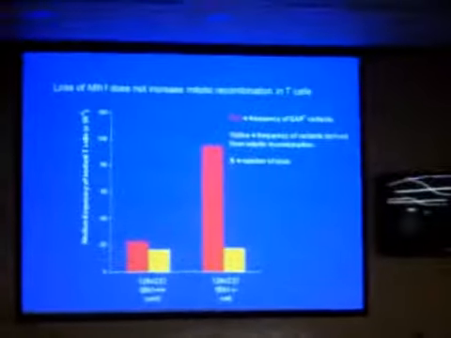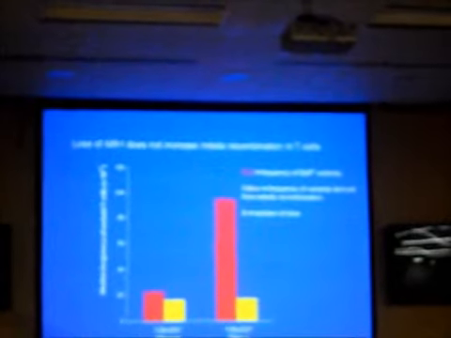ask the same question in a background that has lost mismatch repair capacity? In this case, we use the absence of MLH1. Heterozygous at APRT. Again, there's a 2 times 10 to the minus 5 mutant frequency, and about 75% of the events are due to mitotic recombination.